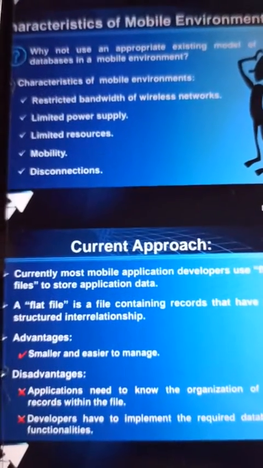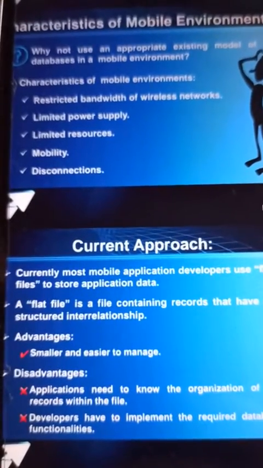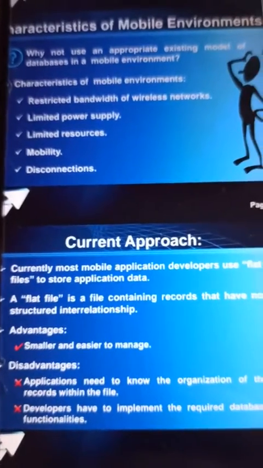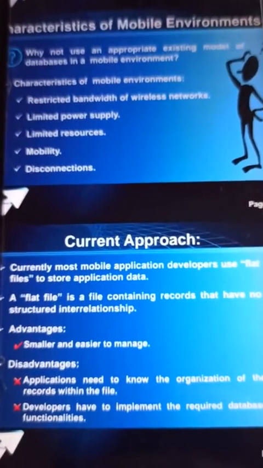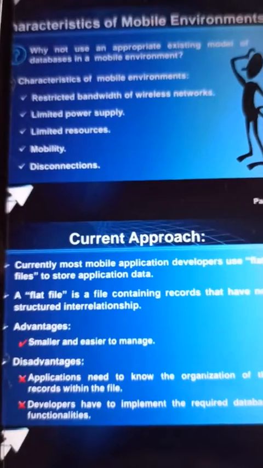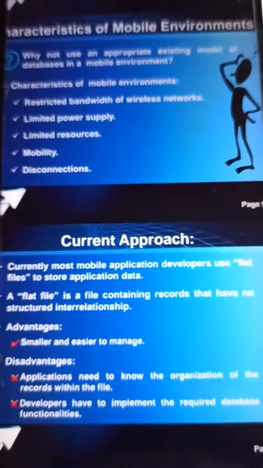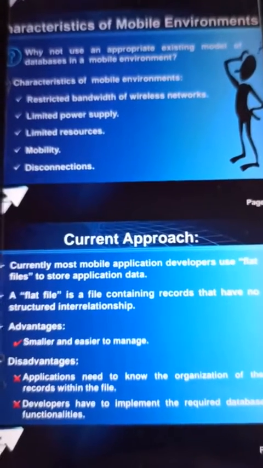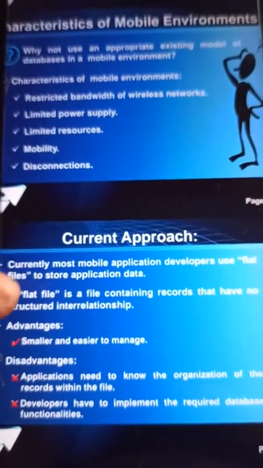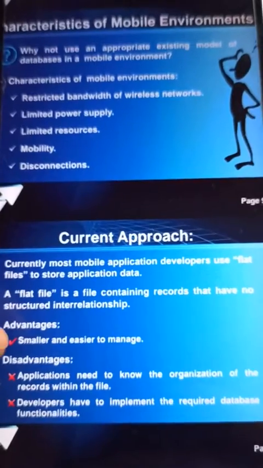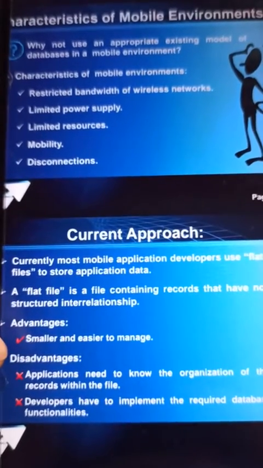The current approach is that most mobile application developers use flat files to store application data. A flat file is a file containing records that have no structured interrelationship. So we use the flat file database. The advantage is that it is smaller and easier to manage.